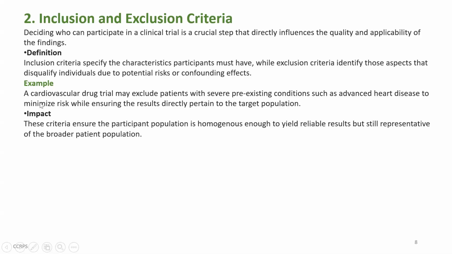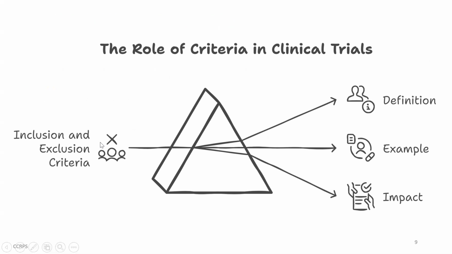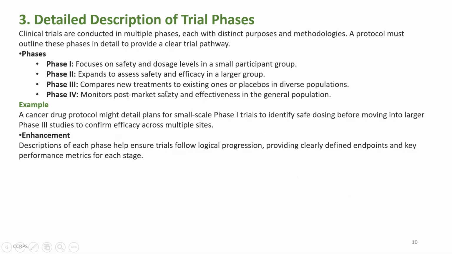Example, a cardiovascular drug trial may exclude patients with severe pre-existing conditions such as advanced heart disease to minimize risk while ensuring the results directly pertain to the target population. Impact: these criteria ensure the participant population is homogeneous enough to yield reliable results but still representative of the broader patient population. And here is a diagram on the role of criteria in clinical trials.